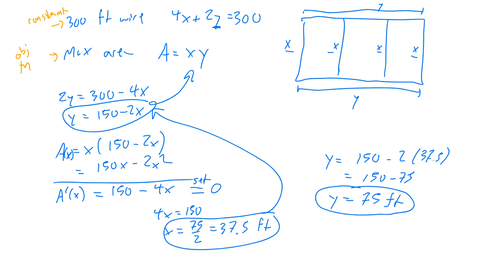And I don't look back. It doesn't ask what the maximum area is, but if I wanted that, I would just use the fact that the area was x times y. So I'd have to take the x and the y values and multiply them together.